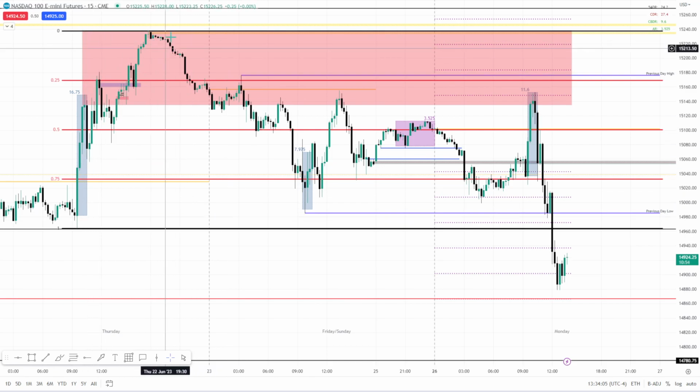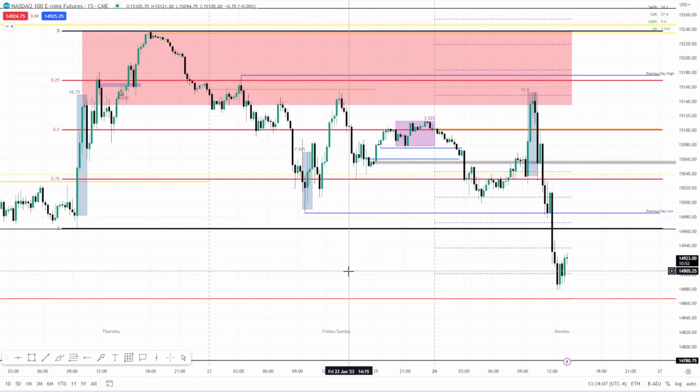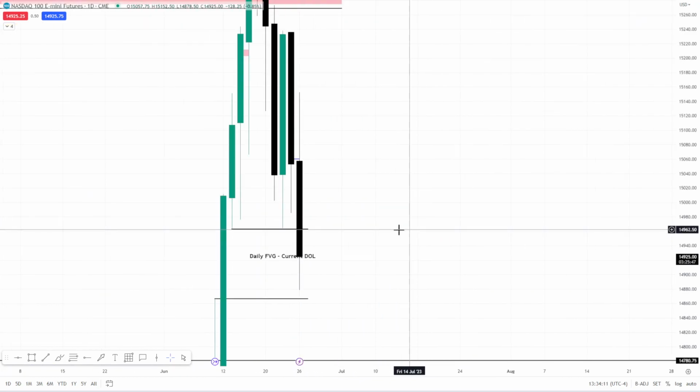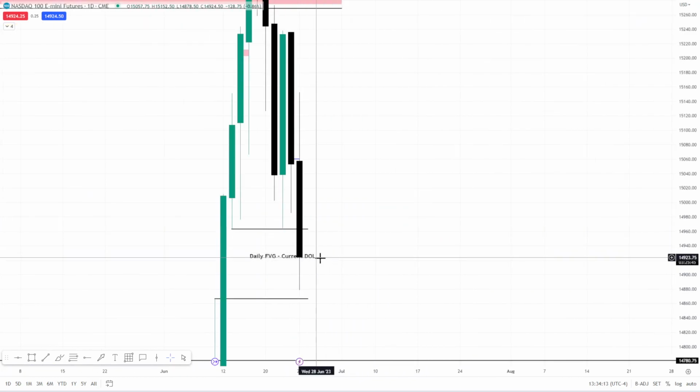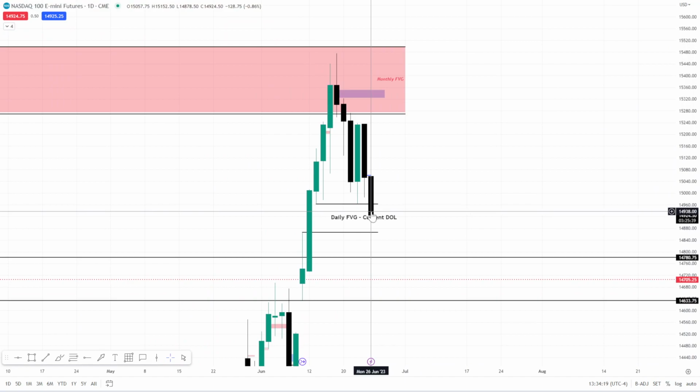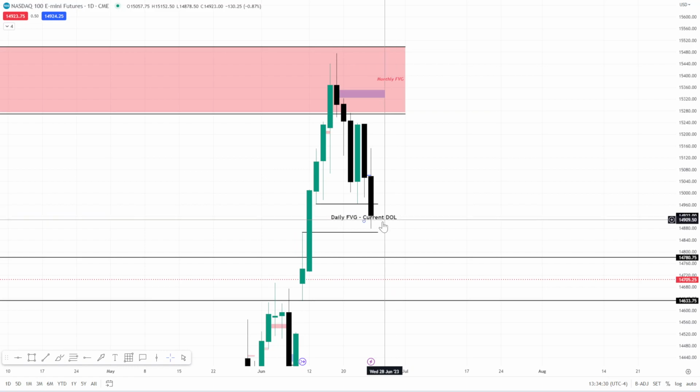Well, we've already broken out of this range. So ideally, like I said, I think today and this week, I want to see how these candles close, and hopefully this candle closes somewhere in here.